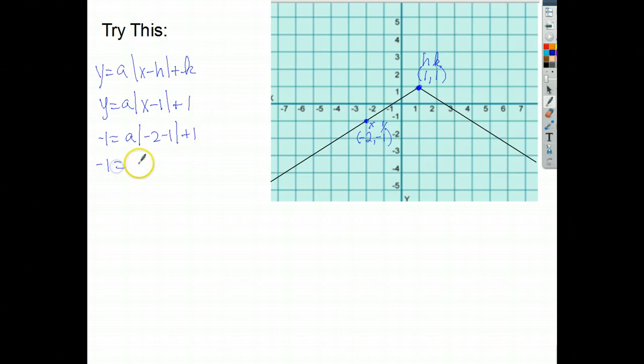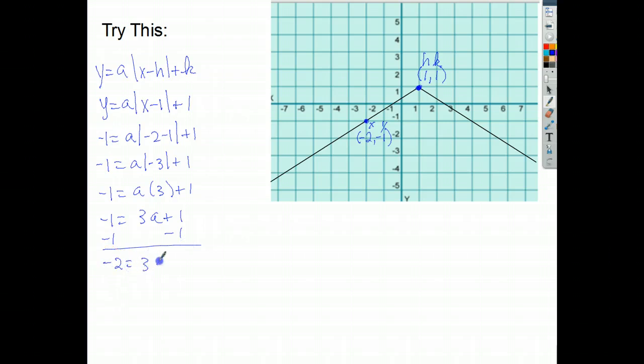Okay, solve for a. Simplify inside the absolute value. -2 minus 1 is -3. Evaluate the absolute value. The absolute value of -3 is 3. Multiply 3 times a and get 3a plus 1. Solve for a. Subtract 1. -2 is equal to 3a. Divide by 3. Use the symmetric property and turn it around. A is equal to -2/3.